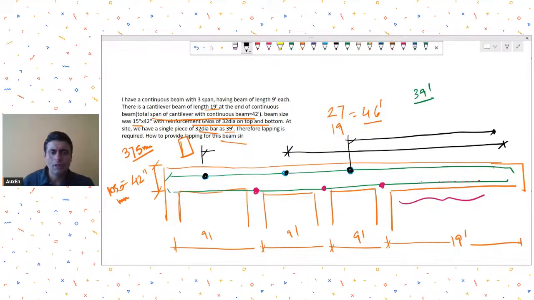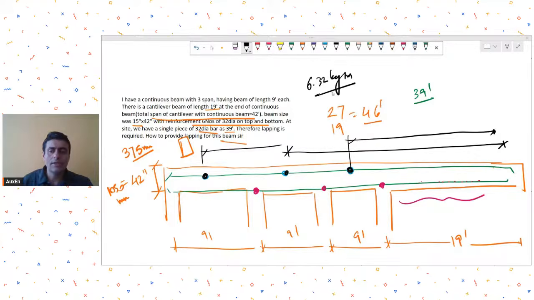You also have to think in terms of handling the bar. So a 32 dia bar weighs how much per meter? Around 6.32 kgs per meter. Is it correct? So handling that bar and placing that bar is also a challenge.